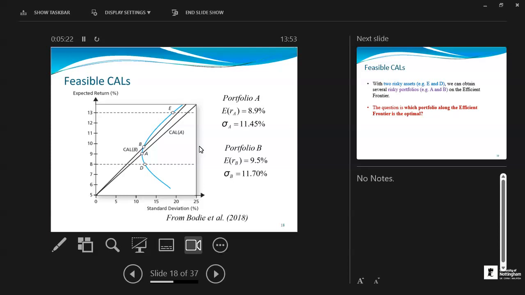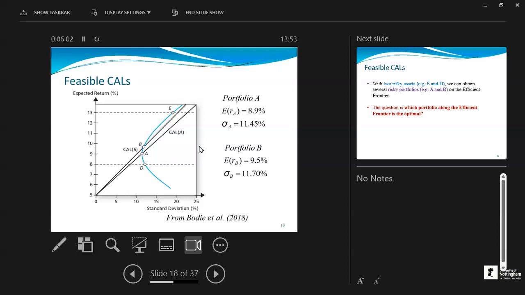So which one would you prefer? Now you can see we have two capital allocation lines, for portfolio A and for portfolio B. Which capital allocation line has a higher slope? B, right? Which means the Sharpe ratio is greater when you combine portfolio B with the risk-free asset. So the Sharpe ratio is higher, and that's why you should choose portfolio B over portfolio A.